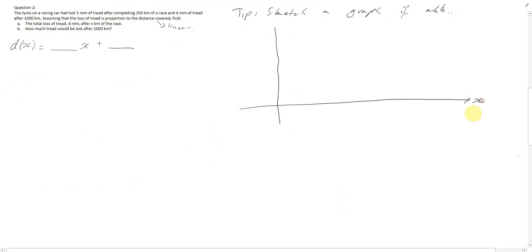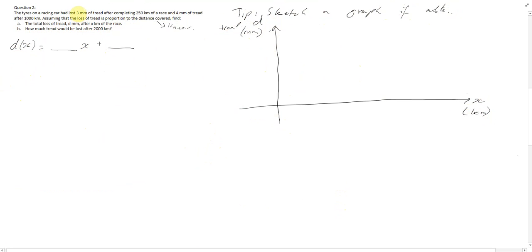We know that this is going to be x, which is in kilometers, because from our equation we know that x is the independent variable and d is the dependent. So up on this axis, we'll have our distance. Oh, sorry, that's d is actually for tread, isn't it? In millimeters. Tread. Okay, so we have 2 points.